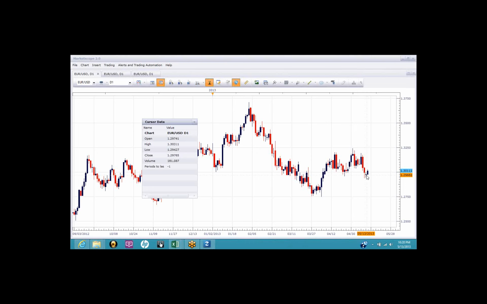Oh, God, it's confusing. The high of this bar is higher than this bar. Am I doing it backwards? Is the current bar higher compared to the previous bar?